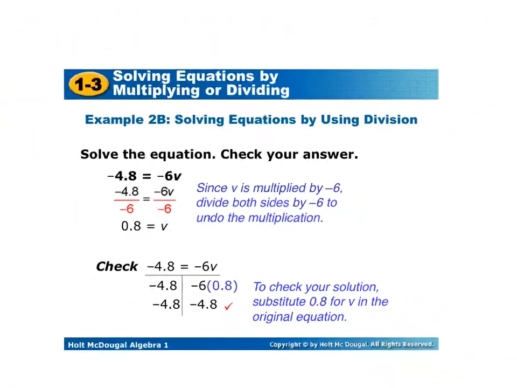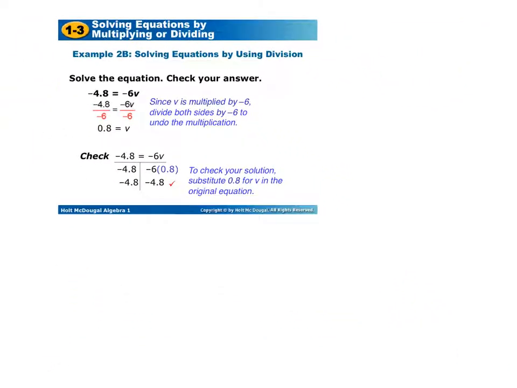Here we go. We have a decimal in our problem. However, it's still a multiplication equation. And we're going to use division to solve. What am I going to divide by? Bridget? -6. Good. We're dividing by the number next to the letter.